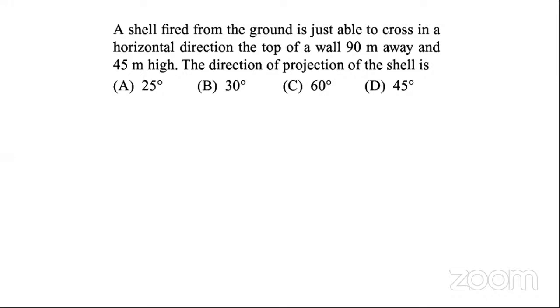Basically, maximum height is 45 and your range is 180. Yes, that's right. So we will take two formulas and then use simultaneous equations to fix it. Yes, you can use simultaneous equations, but there is an easier method: division of two equations.